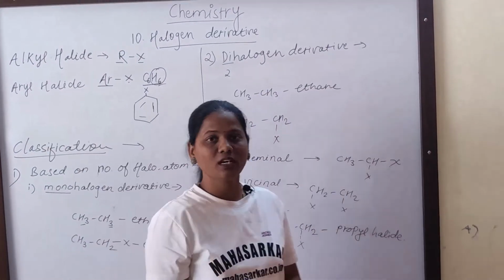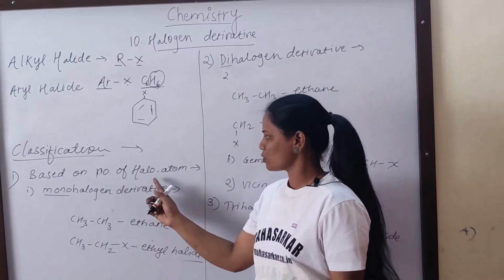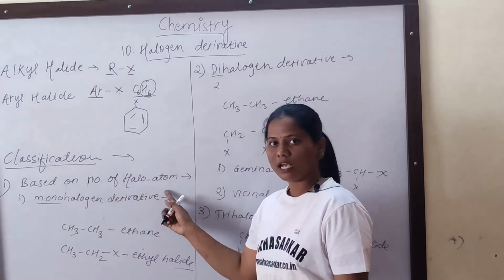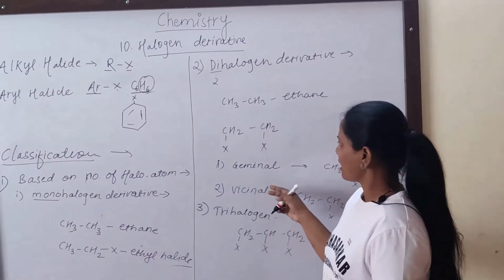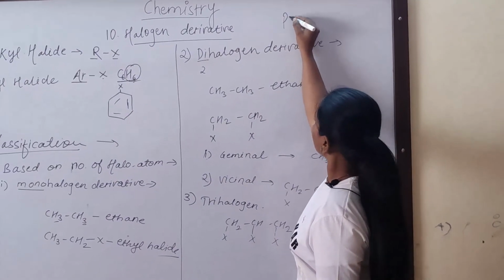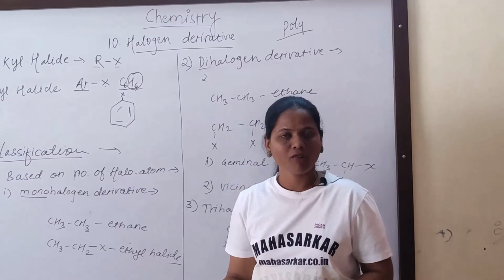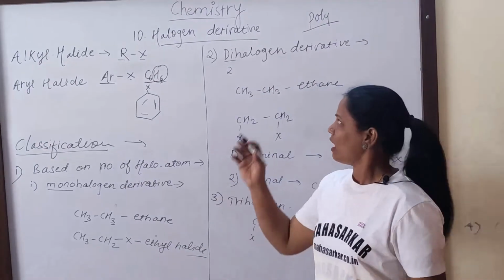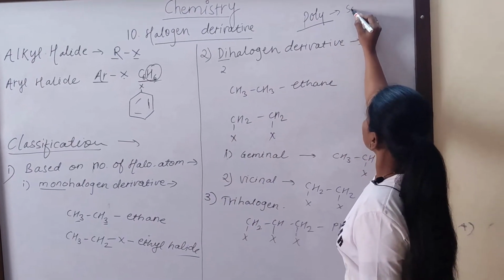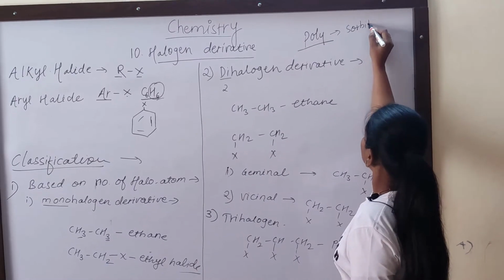So this is the classification which is based on the number of halogen atoms. Similarly, there can be polyhalogen derivatives. The word poly is used for the maximum number of halogen atoms, and only one example is there, that is sorbitol.